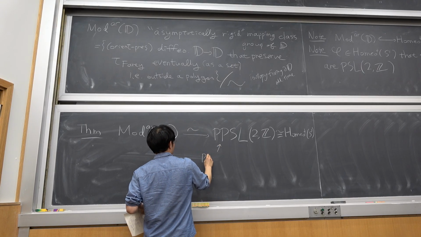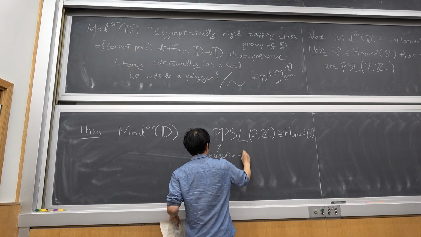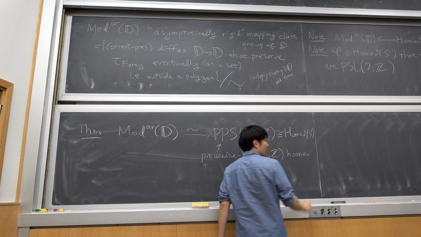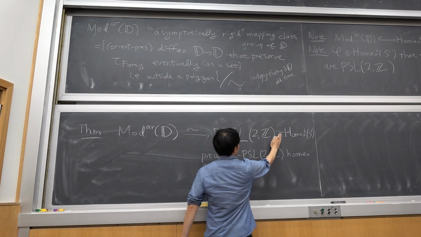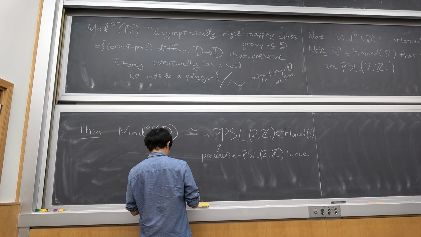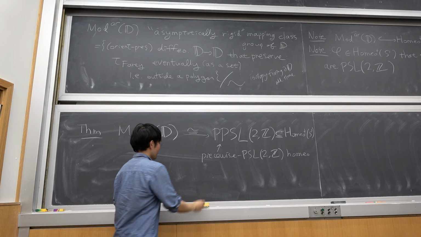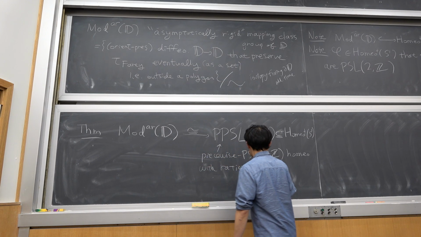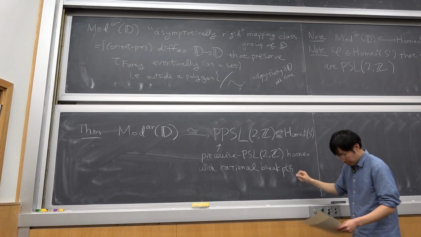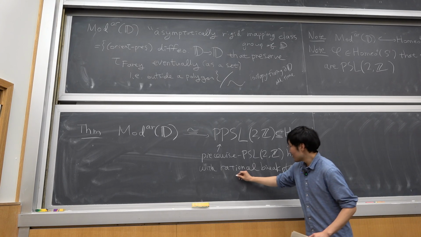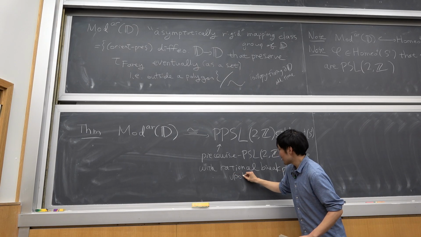This is a subgroup there, and isomorphic. Right, this is isomorphic, this is a subgroup. With rational breakpoints. Rationals together with infinity, right? Yes, yes. That's right.